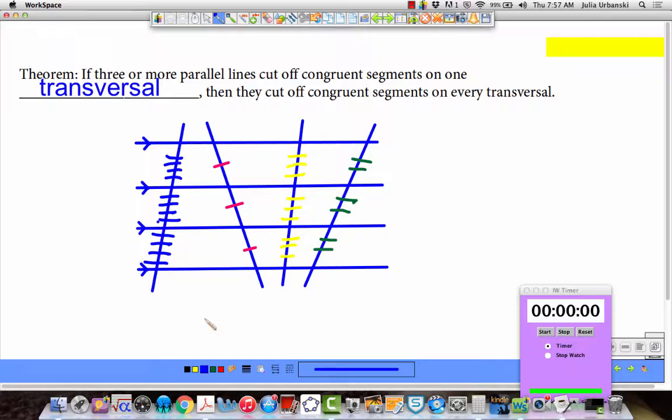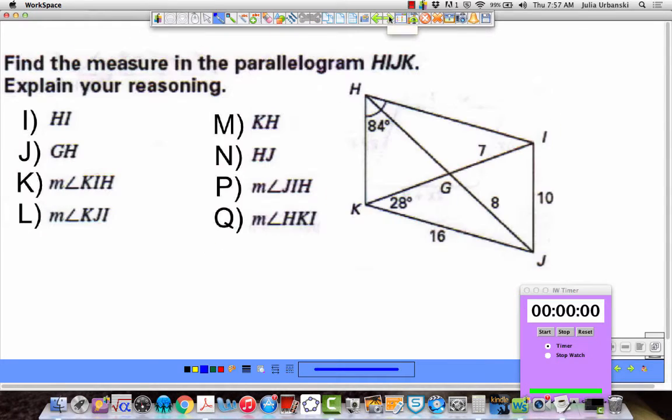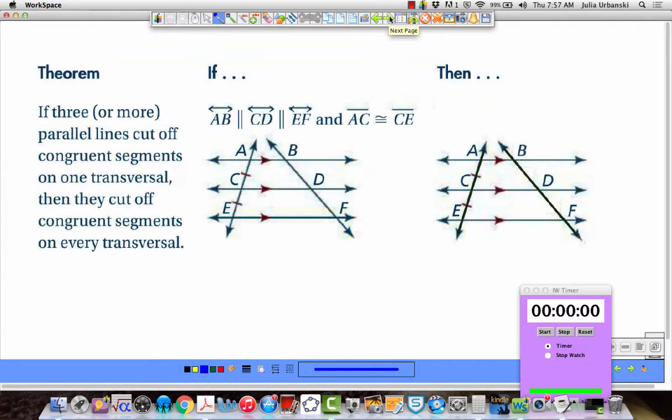So turn the page and let's look at the examples that I have there for you. Whoa. If you didn't finish copying that, you'll be able to see it when I post it. Okay, so look. If all these 3 lines are parallel and this portion AC is equal to CE, then what other 2 segments are congruent? Name them for me.